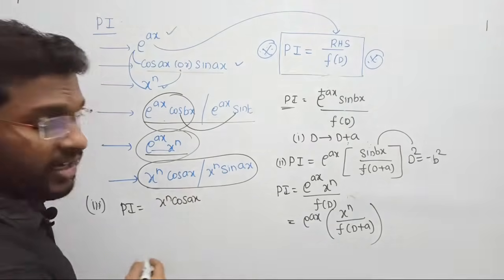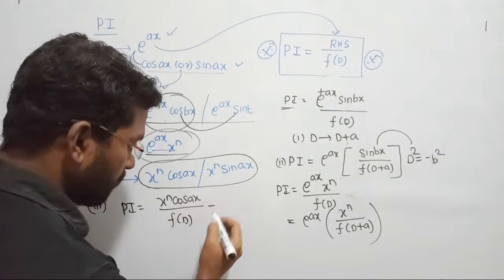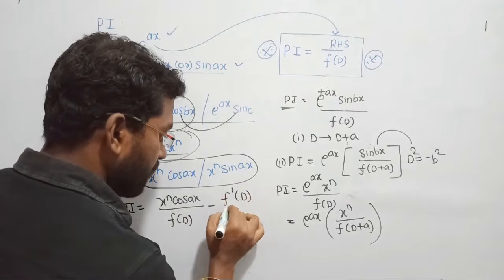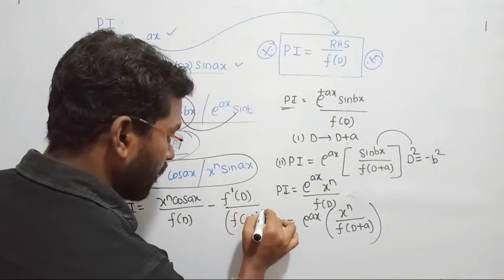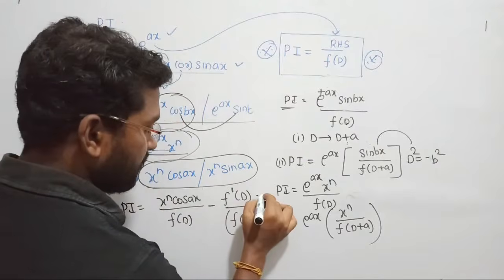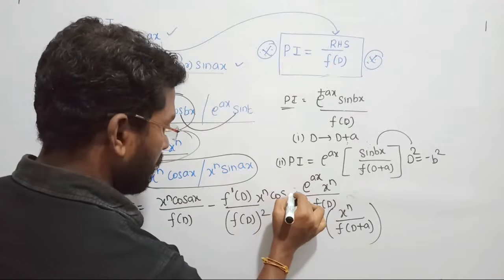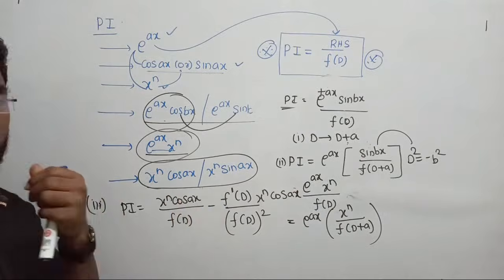Or you can consider sin, it's up to you, divided by f of d, minus f dash of d divided by f of d whole square into the same function, the same RHS, x power n into cos ax. Clear? This is the procedure to derive this type of functions.